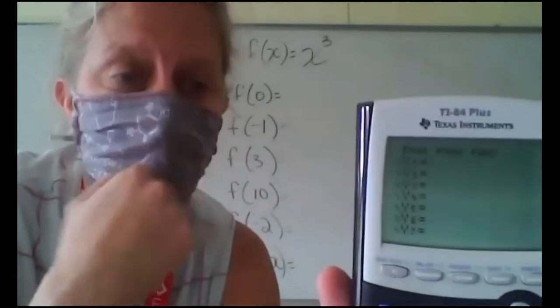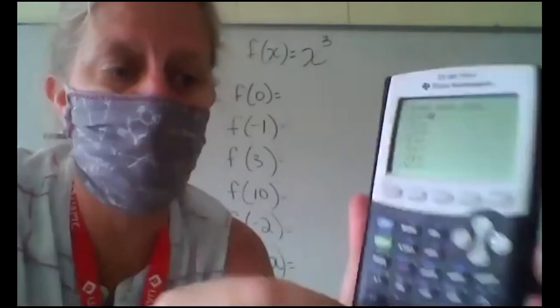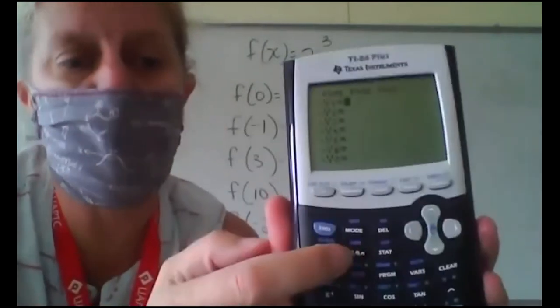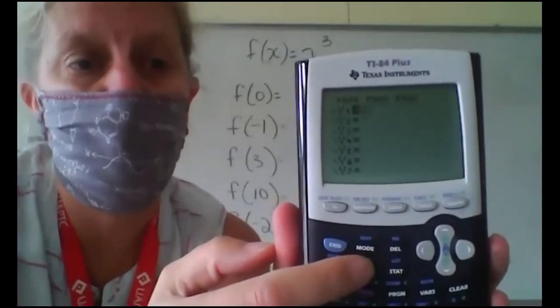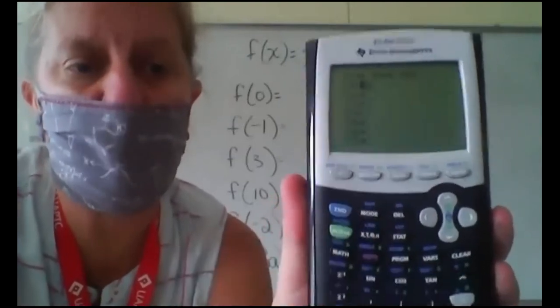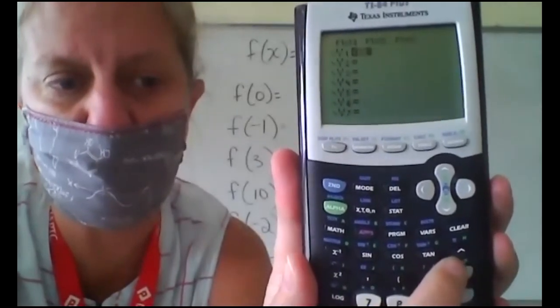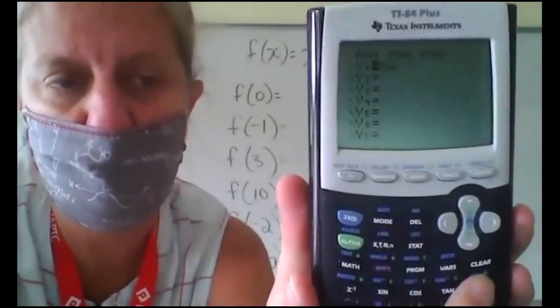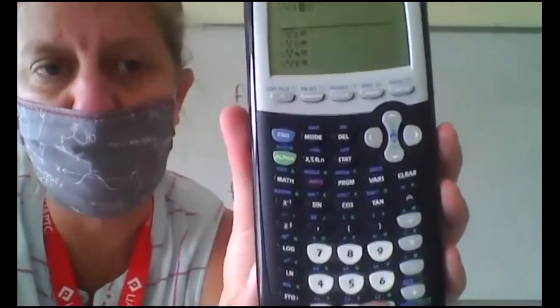Type in x to the third power as your y1. So remember, your x button is this button right here. If you're typing an exponent other than squared, you can use this up arrow button. So x to the third power.